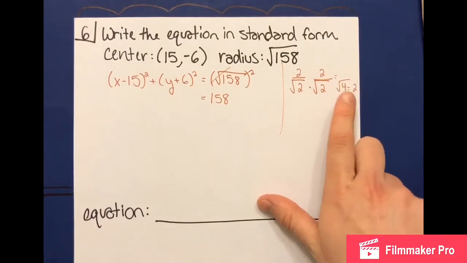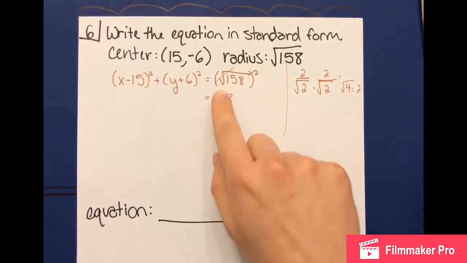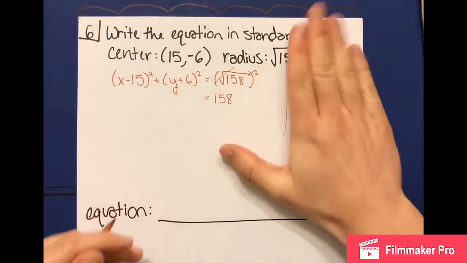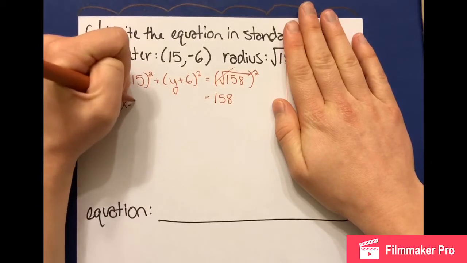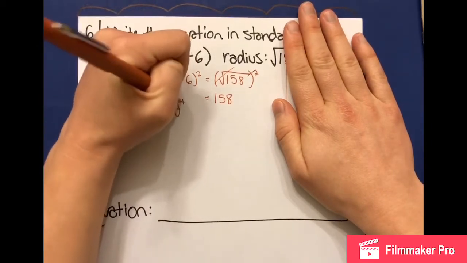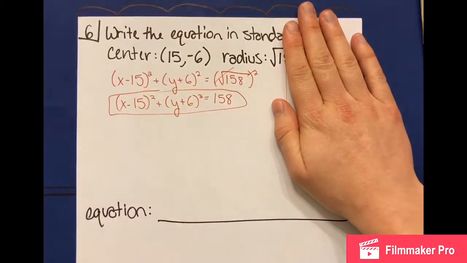The square roots cancel out. So here, that's what happened when I squared the square root, it ended up canceling out. So I'm going to cover that up just so that you guys know it's not part of this problem. So x minus 15 squared plus y plus 6 squared equals 158, and that's my answer.